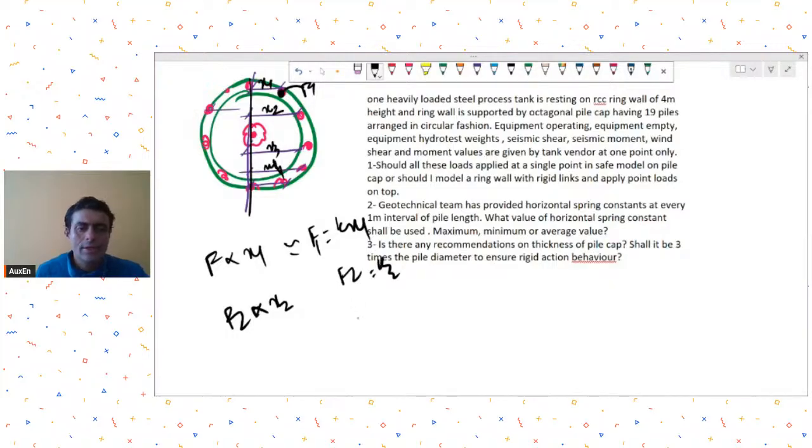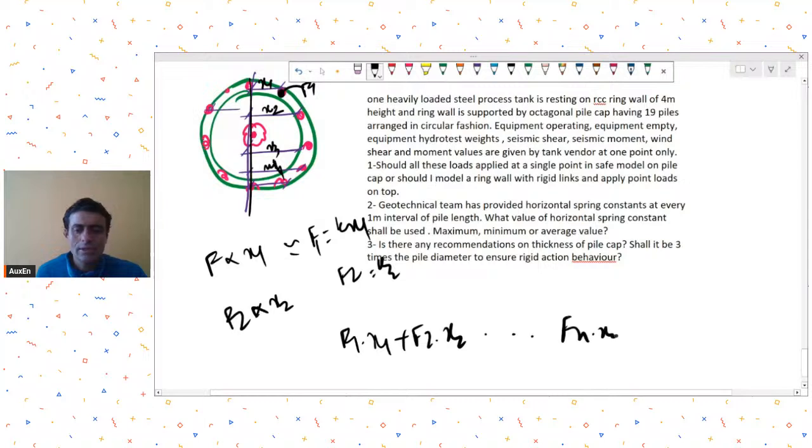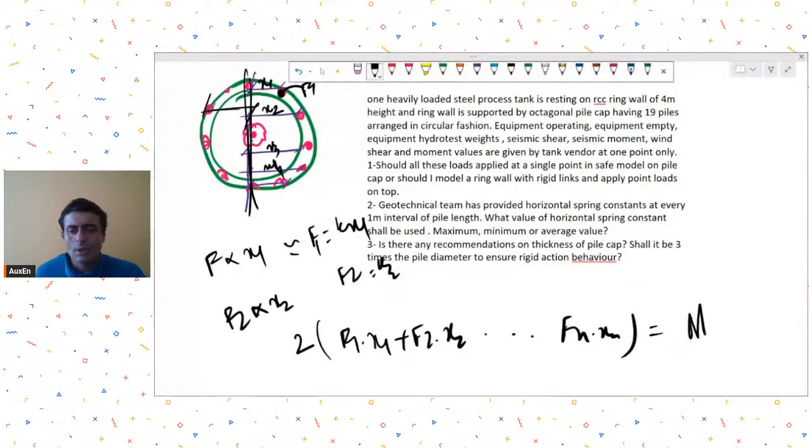So the moment resistance will be F1 into x1 plus F2 into x2, up to Fn into xn. So these are only on one side of the centroidal axis, and maybe multiplying it by 2, I would equate this to the total moment given in the system, and I would have replaced F1 by kx1, F2 by kx2, and so on.